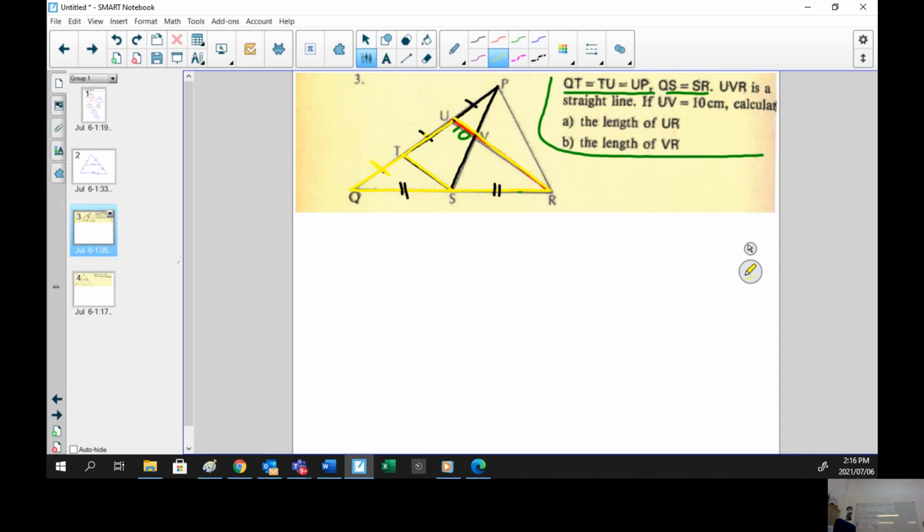This one here is equal to this one here is equal to this one here, and those 2 there are equal. So what do we know? We automatically know that this is parallel to this. Cool, I'm going to write that. TS is parallel to UR because of midpoint theorem.